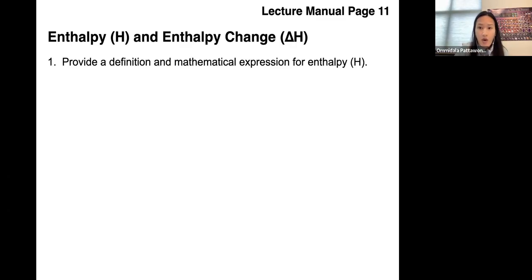Before we tie back into heat and energy, I want to introduce one more term: enthalpy, or H. Enthalpy has the symbol H, and the change of it is delta H. Enthalpy is equal to energy plus pressure times volume.